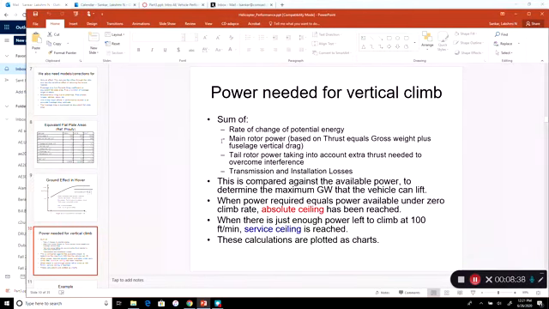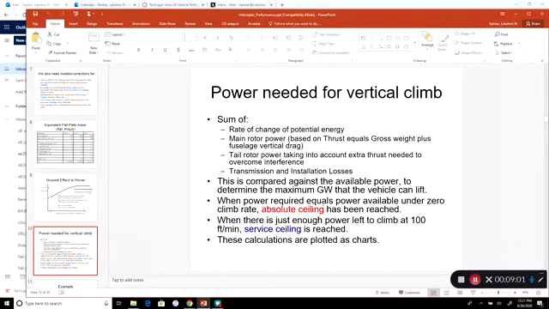Power needed for vertical climb is the sum of main rotor power, tail rotor power, power needed to raise the potential energy of the vehicle, and also any transmission losses and installation losses. This total will be compared against the available power.